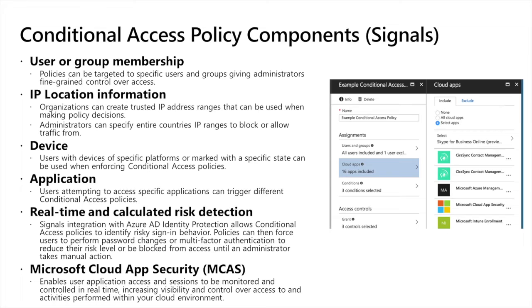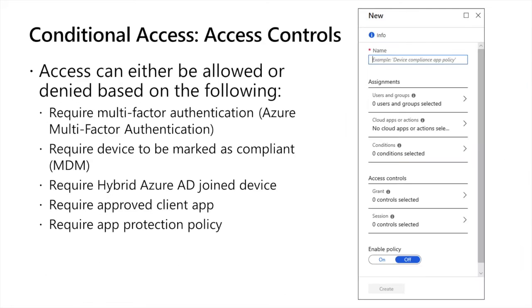Please note that conditional access also fully integrates with MCAS, so Cloud App Security, which rocks, by the way. Once you've created the policy, you can then determine, okay, how are we going to enforce it, or the control? So do we require multi-factor authentication? Do we require the device to be compliant? So for example, if it's a managed device, it needs to be up to date.